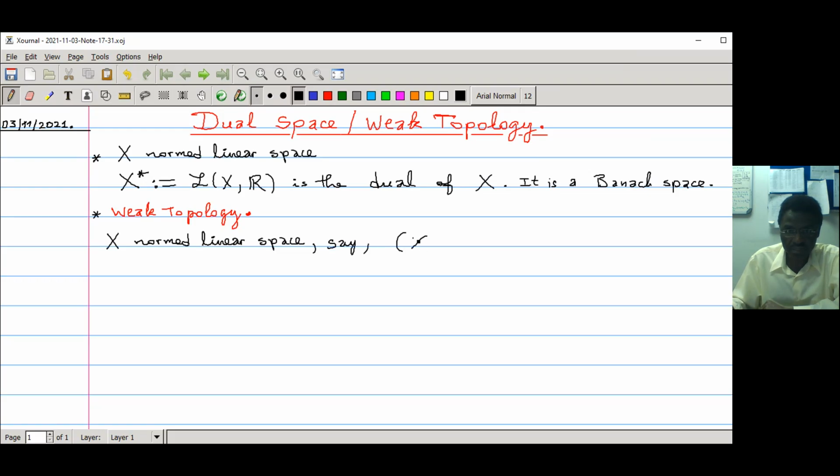Say we have X and its norm. I can just write the norm like this, or I can put X there, right? It doesn't matter. Now, this norm defines a topology.